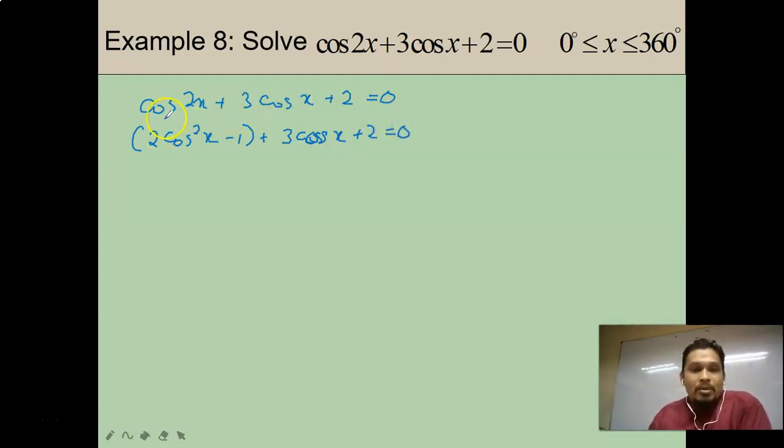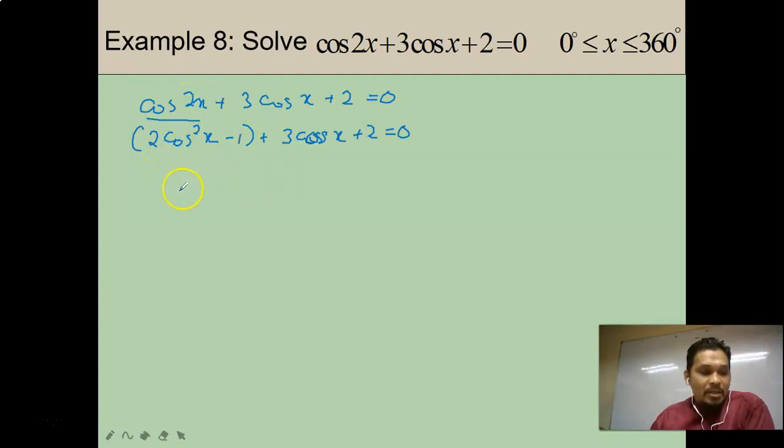For cos 2x, you will find the trigonometric formula, similar to this 2 cos squared x minus 1. You find out yourself which identities relate to cos 2x, and we can replace with this one here.